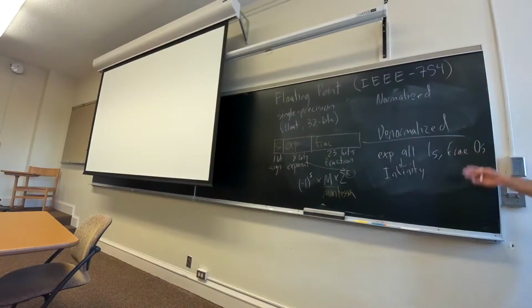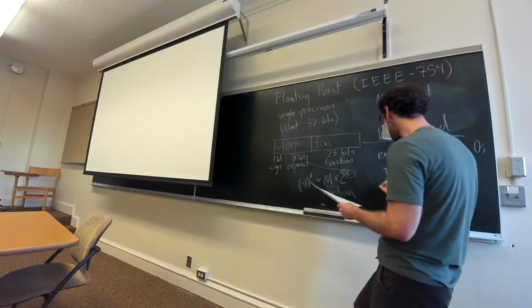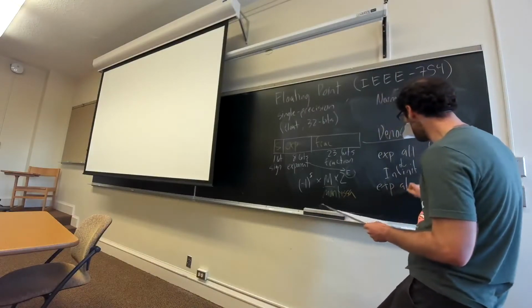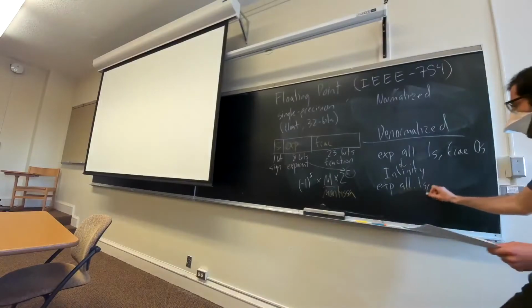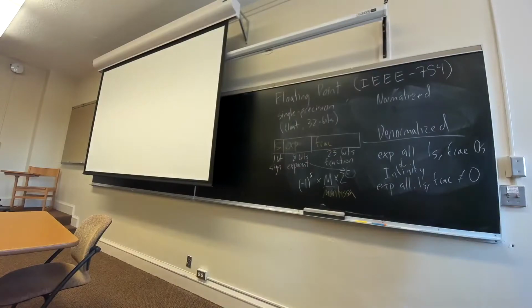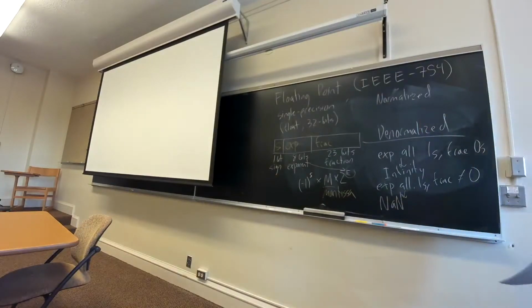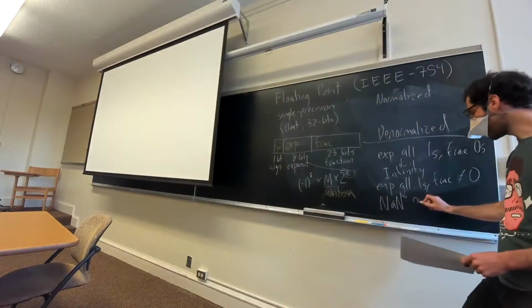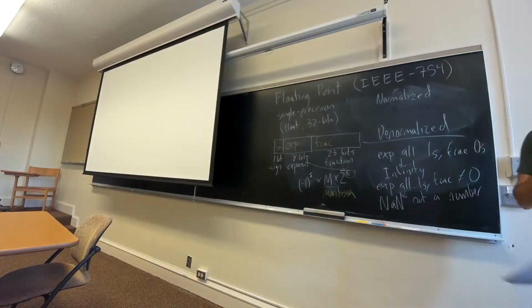If the exponent is all ones and the fraction does not equal 0, that's our other special value, NaN, which is short for not a number.